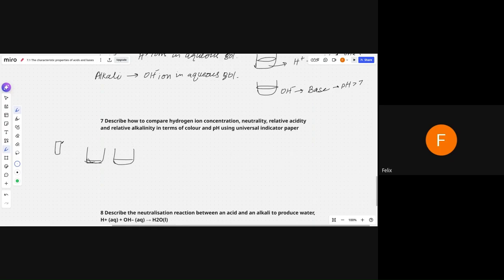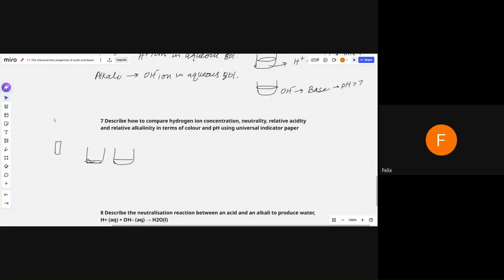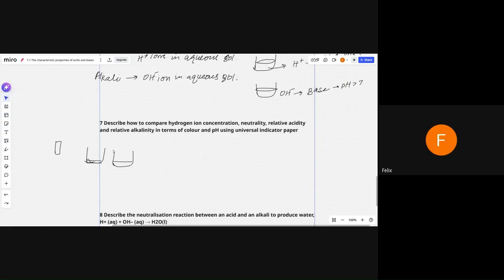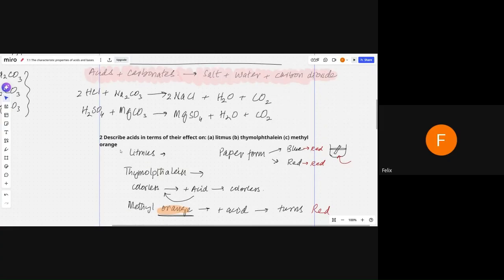So 1, 2. So hold on. Let me just explain this. 1, 2, and okay, I need to lock this layer.